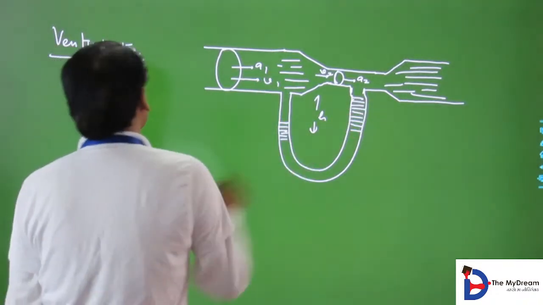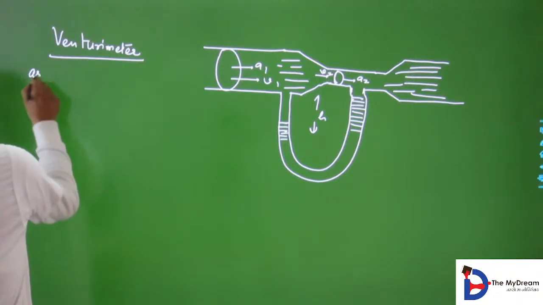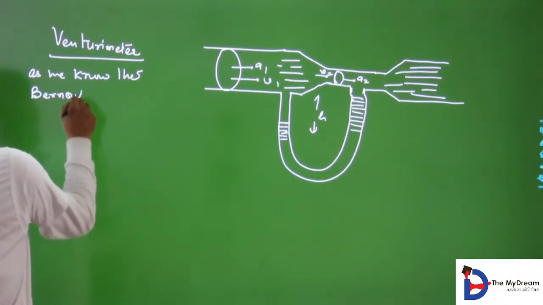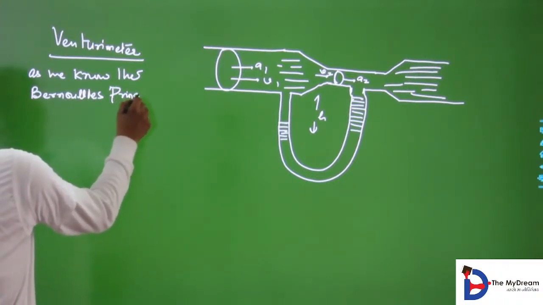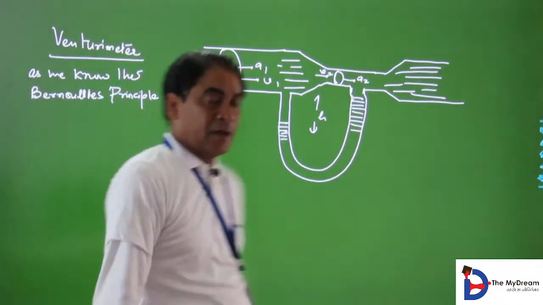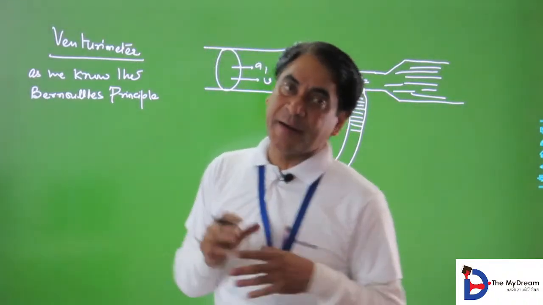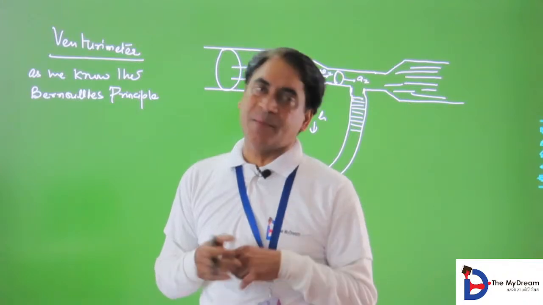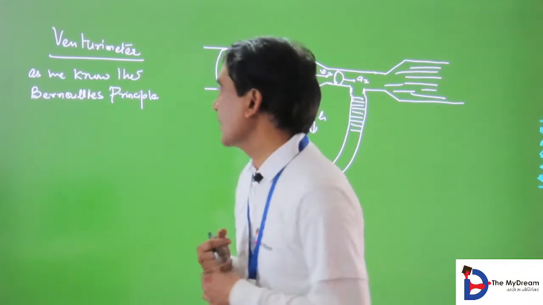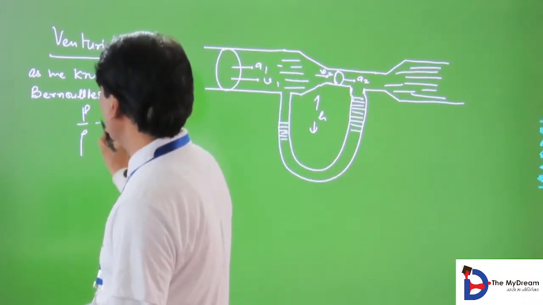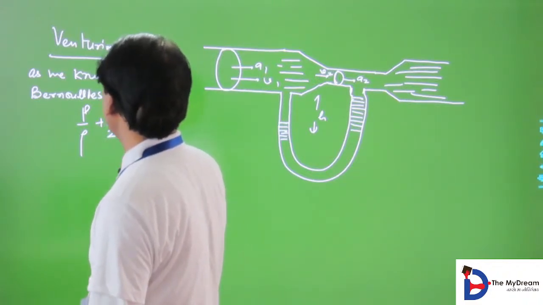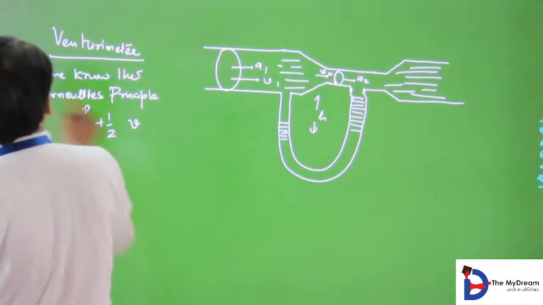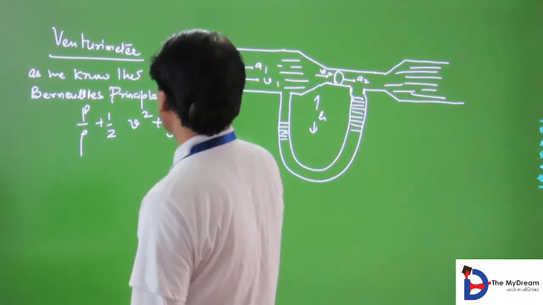As the height is the same, so as we know the Bernoulli principle, the sum of the kinetic, potential and pressure energy per unit mass for an incompressible and non-viscous liquid remains the same, which is given by P by rho plus half V square plus g h equal to a constant.